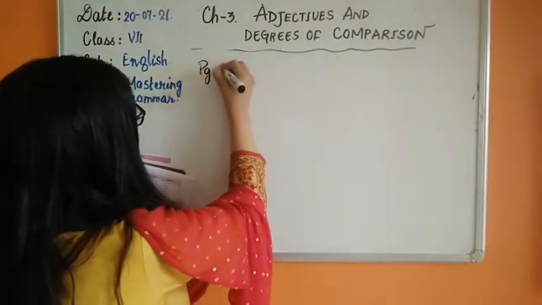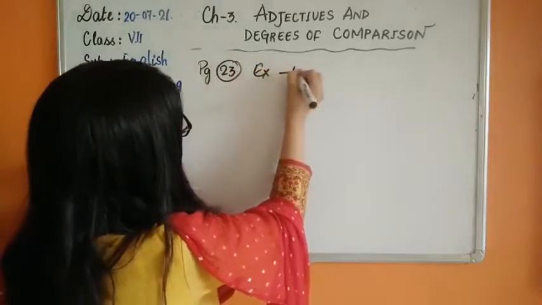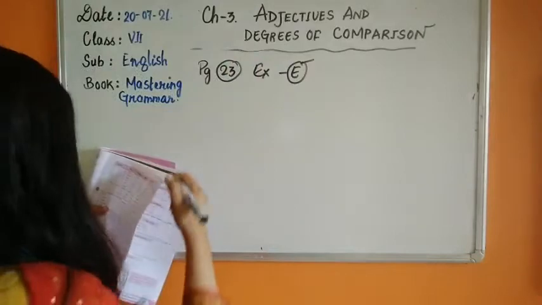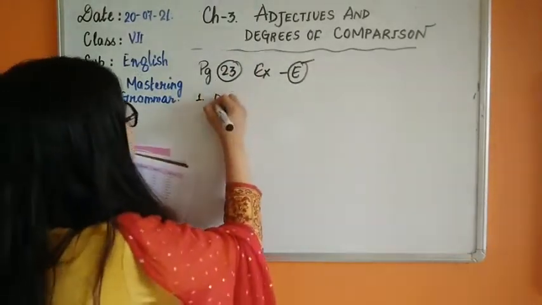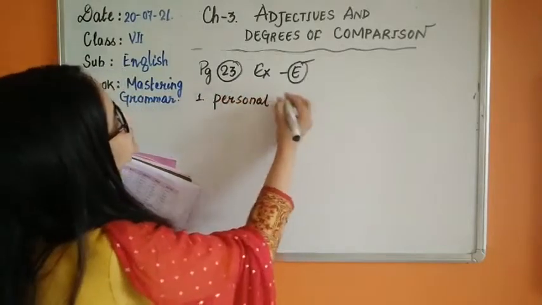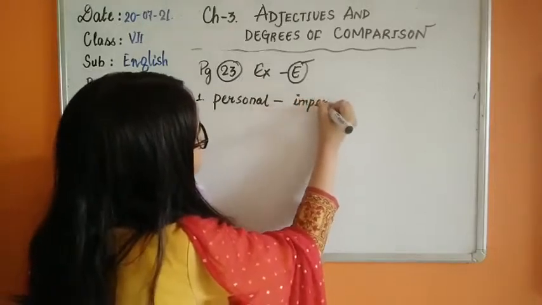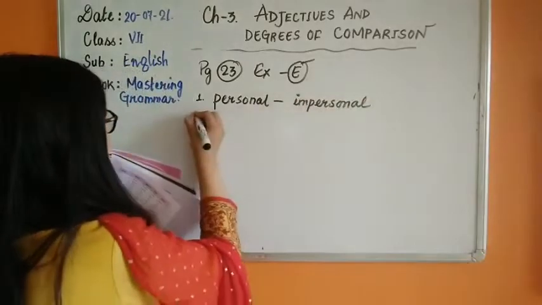Page 23, exercise E. So number 1 is personal. Any guesses, children, which prefix we can use with personal? Impersonal. Right? Impersonal. Now it's completely the opposite of personal.